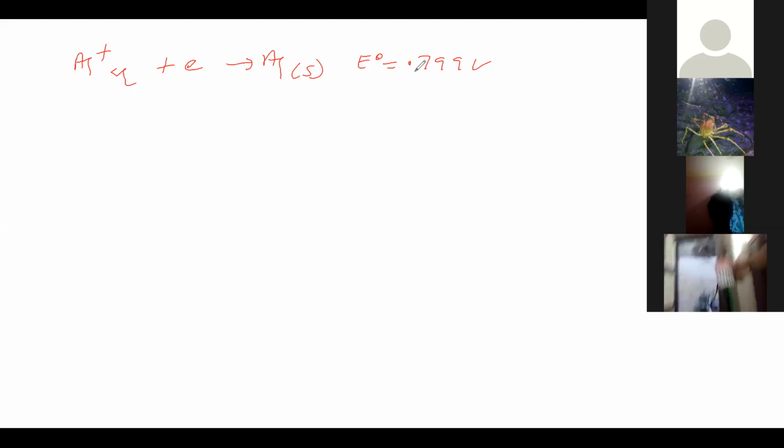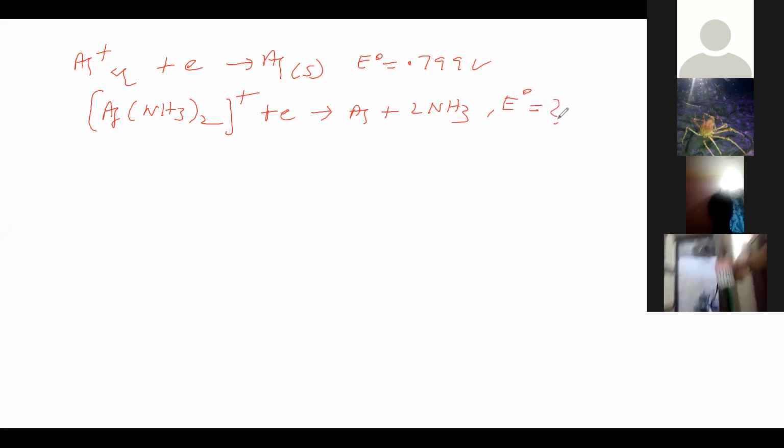Next, the given data in the question is these two terms. One term is the dissociation constant, another term is this E naught. What is the question? What we have to find in this question is: the complex takes an electron and gives silver and ammonia, for which we have to find E naught.